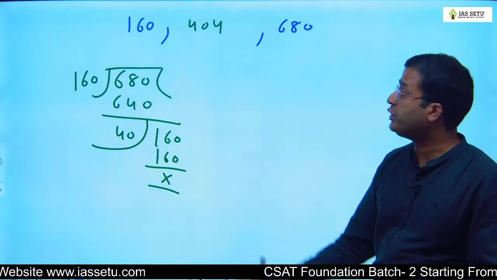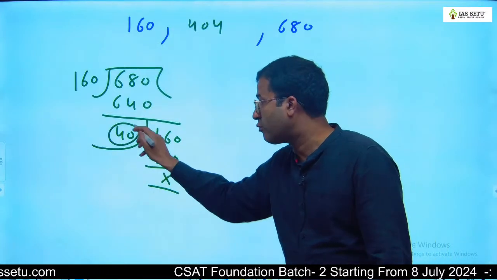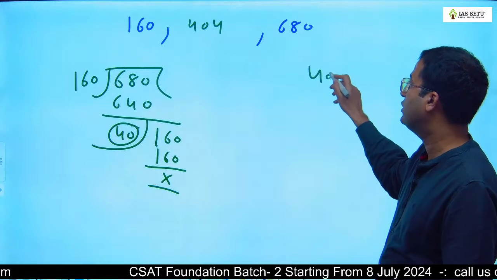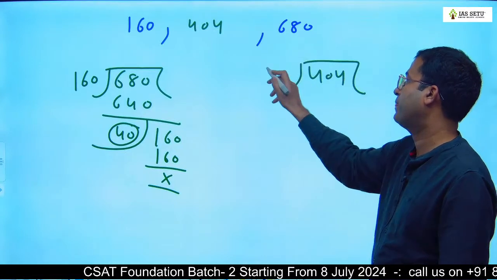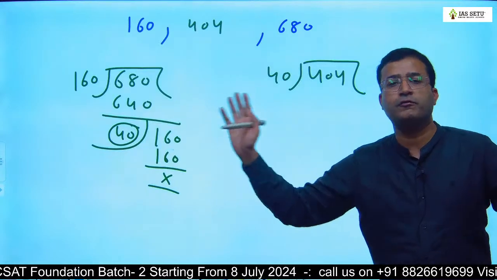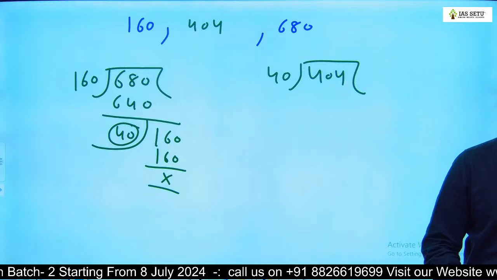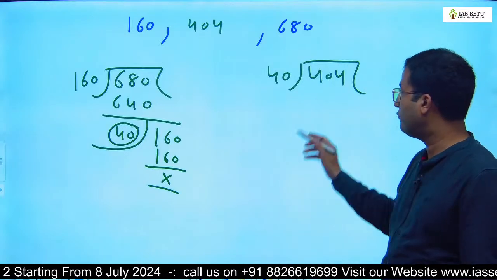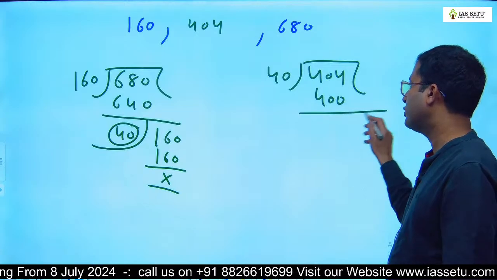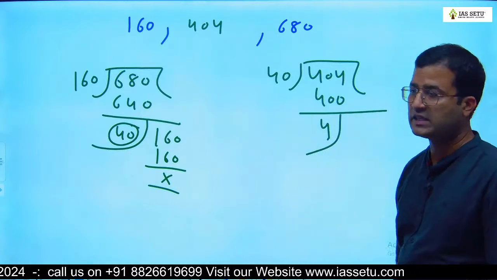But here no need to check the third number with this figure. Now we have reached 40. So you have to check the remaining number. If the third number is divisible by 40, 40 is the answer. If it is not, then you have to follow the process. 40 tens are 400, then your remainder is 4. So now 4 will become the next divisor.